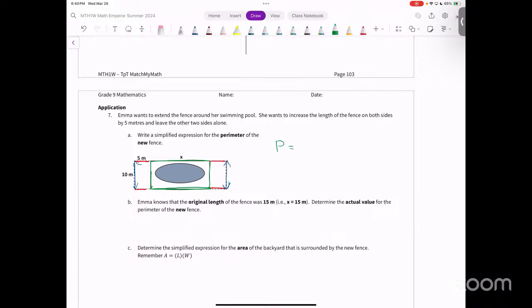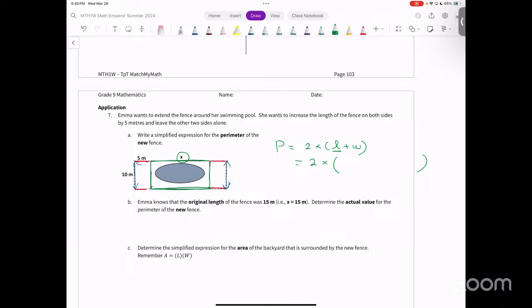Perimeter of the rectangle is 2 times length plus width. So let me ask Ashmita, can you give me an expression for the length of the rectangle? 2 bracket x plus 5? Of the length? Oh, 2 times 10.